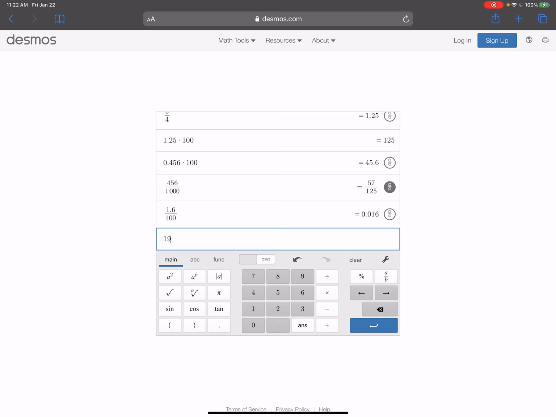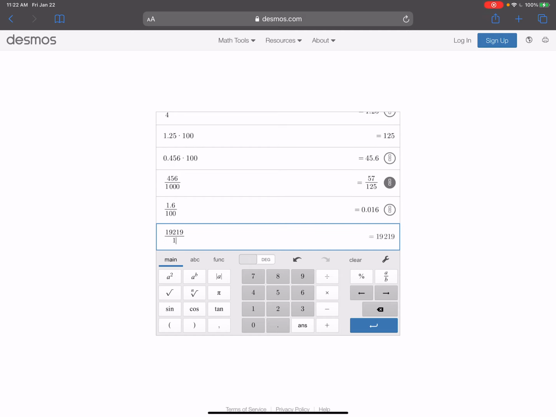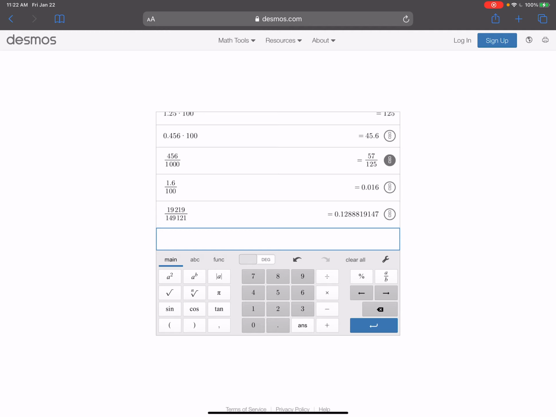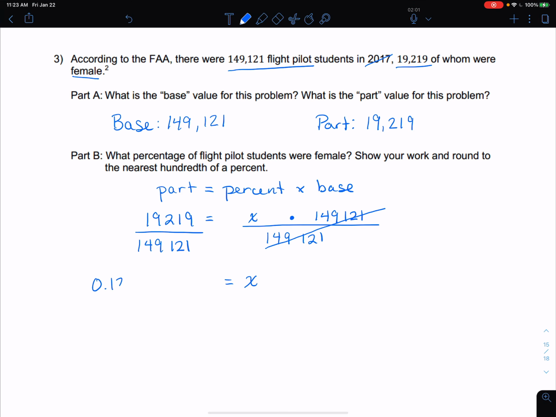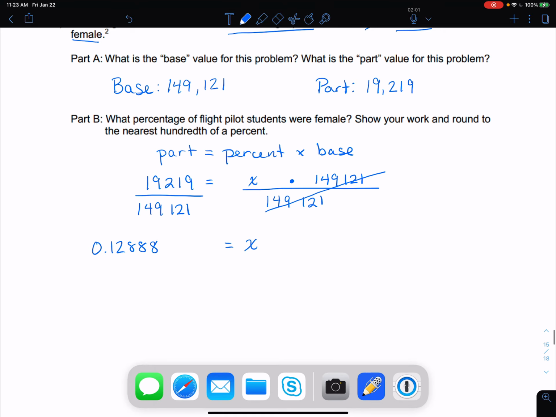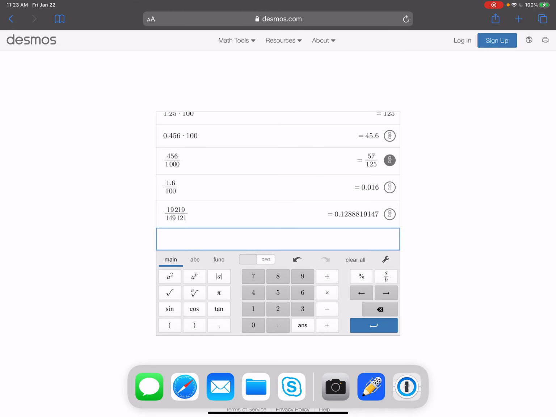I need 19,219 divided by 149,121. When I do that, I get this long decimal, 0.128881947.